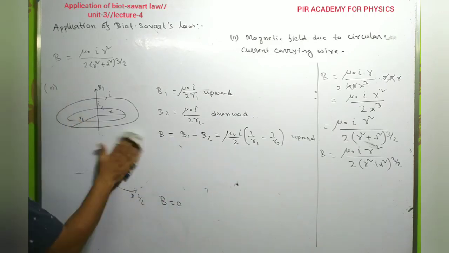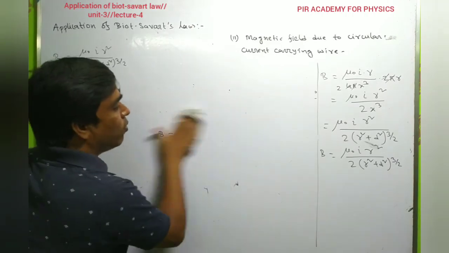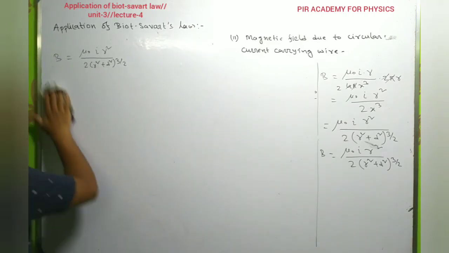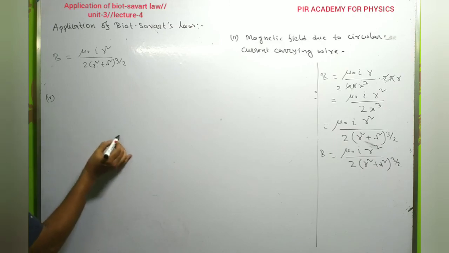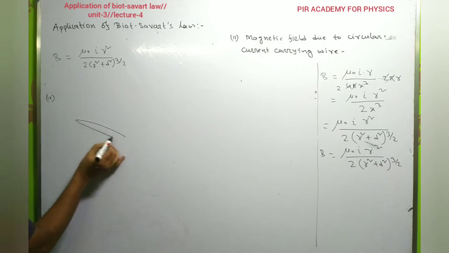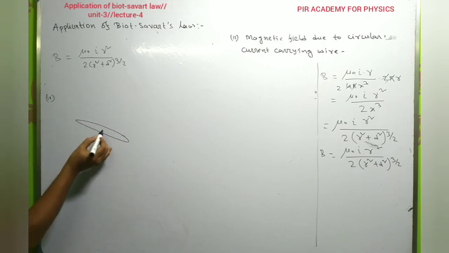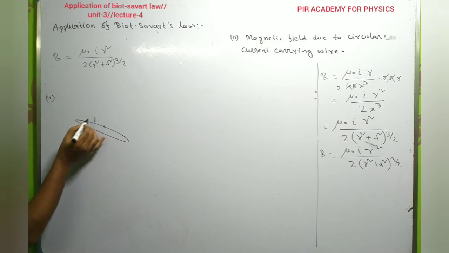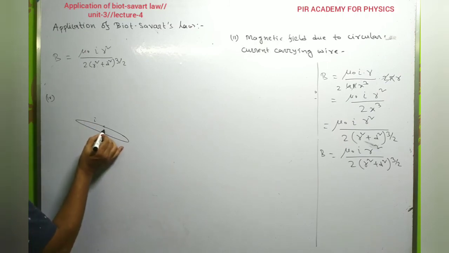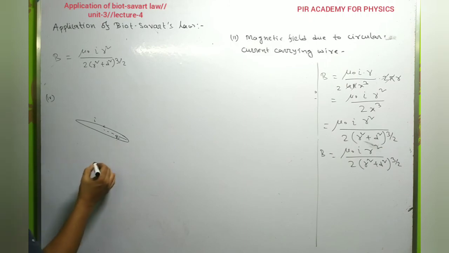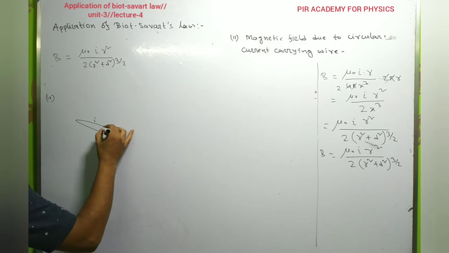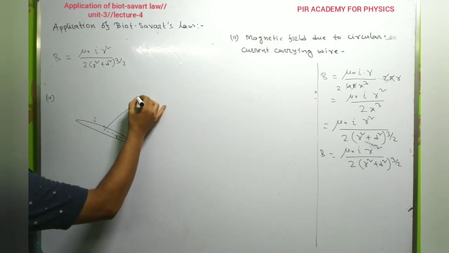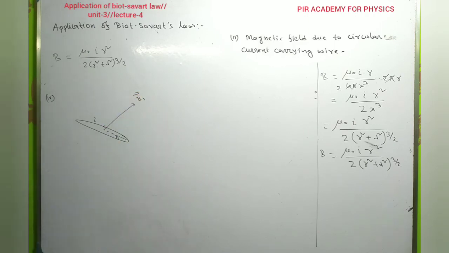Now if you want to calculate the magnetic field, suppose this is number 4. Suppose this is a loop with current along this direction. This is R1. Then the magnetic field will be along this direction, B1.